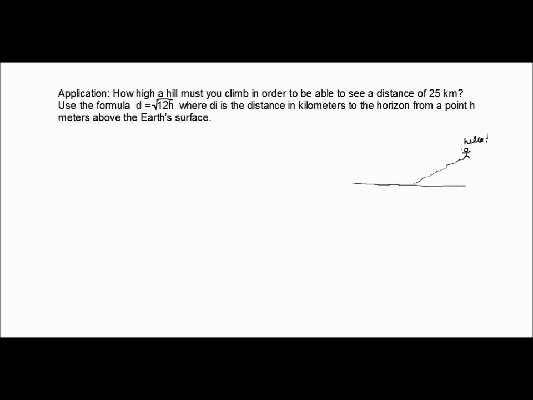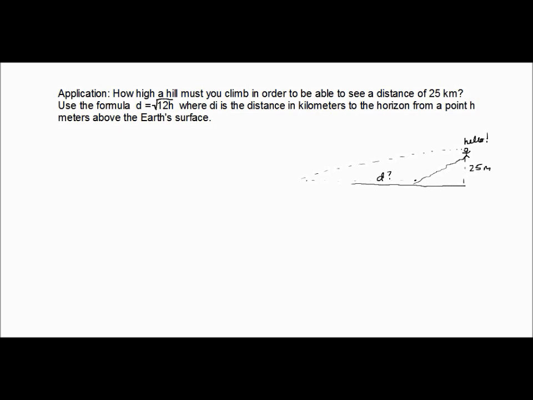And you're looking out for the horizon right over here, and you want to know if you are 25 meters up, how far is the distance to the horizon?